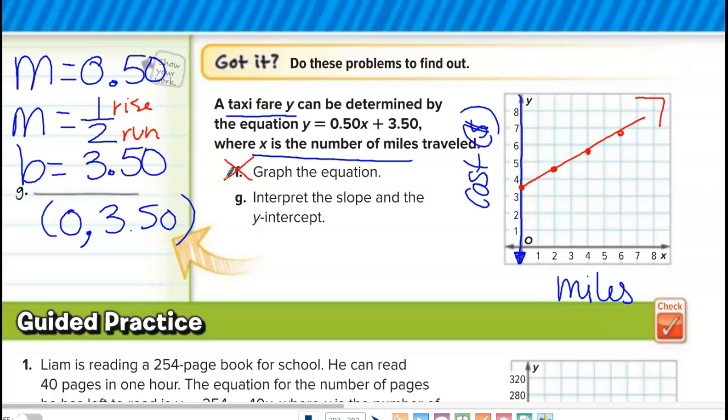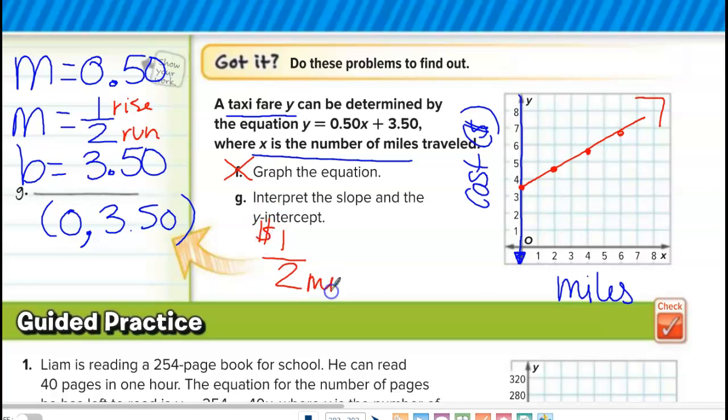Now I need to interpret my slope and the y-intercept. There's 2 different ways you could interpret this slope. So first of all, if I use my fraction way, which is what we're used to, my fraction was 1 over 2. It's always y over x, so what's my label for y? Dollars. And what's my label for x? Miles.